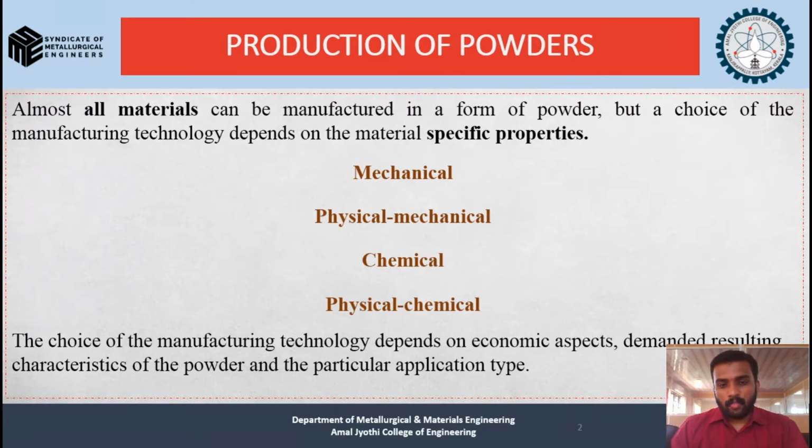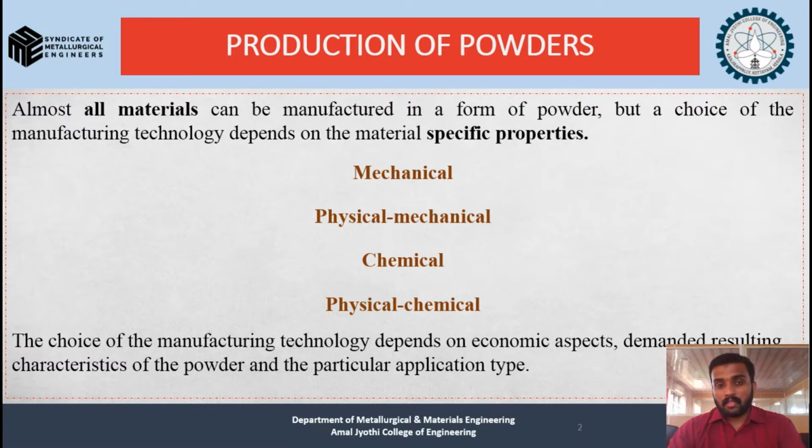The choice of manufacturing technology also depends upon economic aspects. For example, extraction of gold, which is a precious metal, is expensive because the extractive process has different steps, whereas when compared with iron, it is cheaper. So we also have to consider the economic aspects of each process.